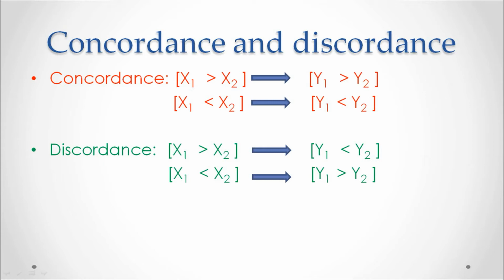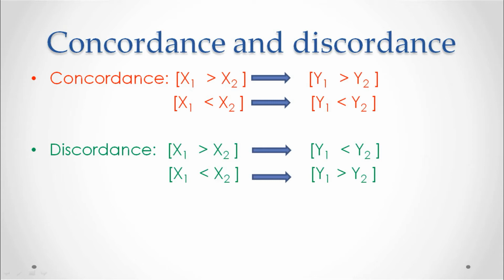Thus, for the first individual, the two variables are given by x1 and y1, and for the second individual, the two variables are given by x2 and y2. We have a situation of concordance if x1 greater than x2 implies y1 greater than y2, or x1 less than x2 implies y1 less than y2.